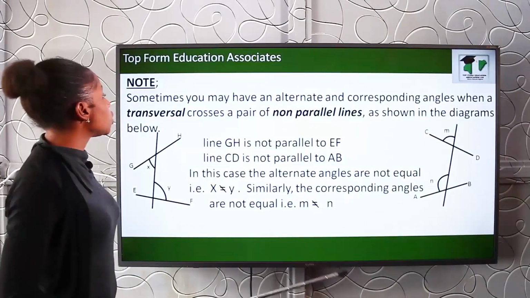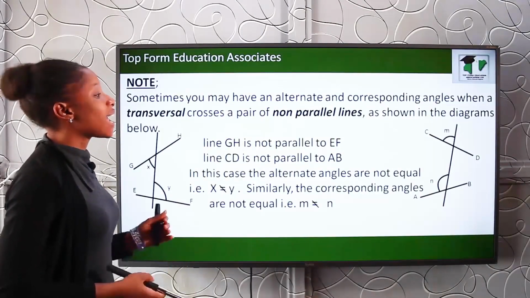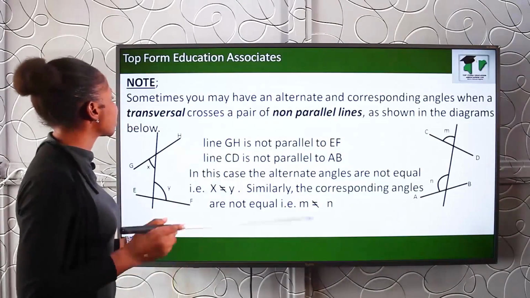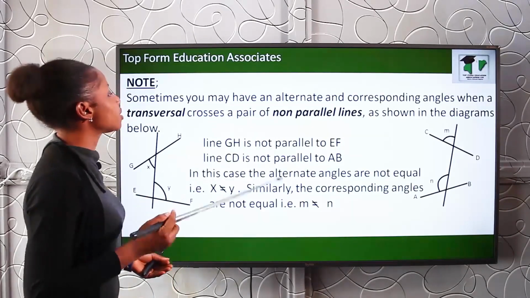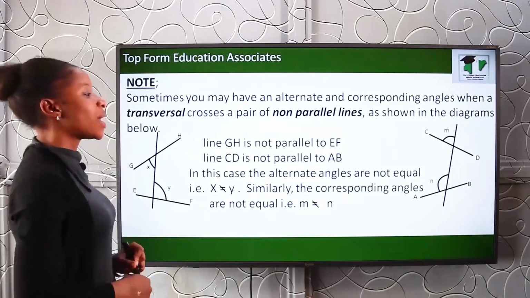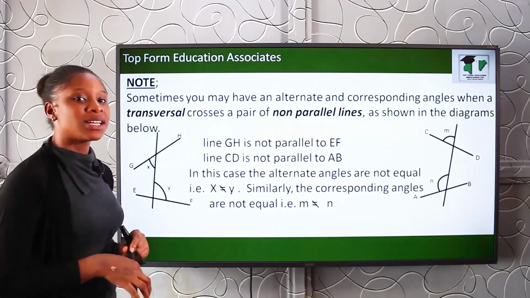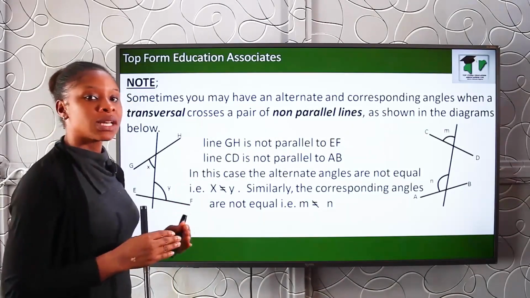Now, I want us to take note that sometimes we can have a corresponding angle or an alternate angle when a transversal crosses a pair of non-parallel lines. Let us reflect back on how we said we can form alternate or corresponding angles.